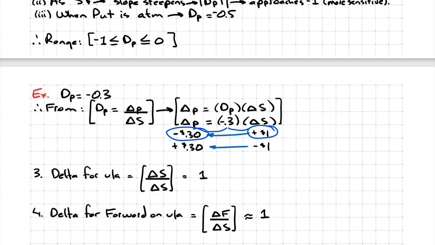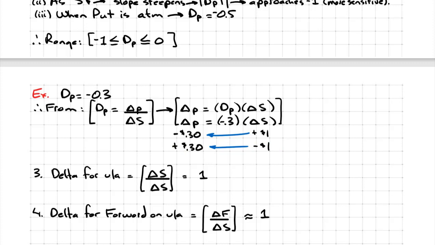And again, a put is a bearish play. So you only make money if the spot price drops. So if the spot price drops, -1 times -0.3 is +0.3. You could see that the put actually makes money when the price of the underlying asset drops.